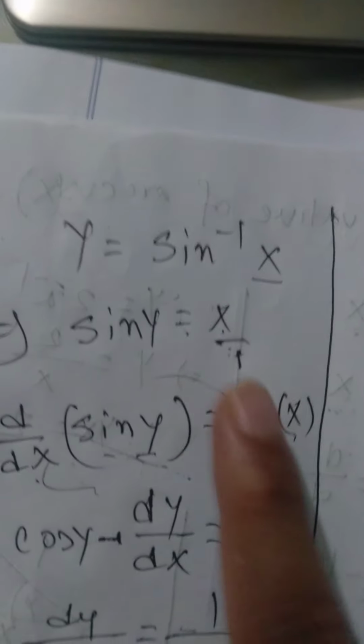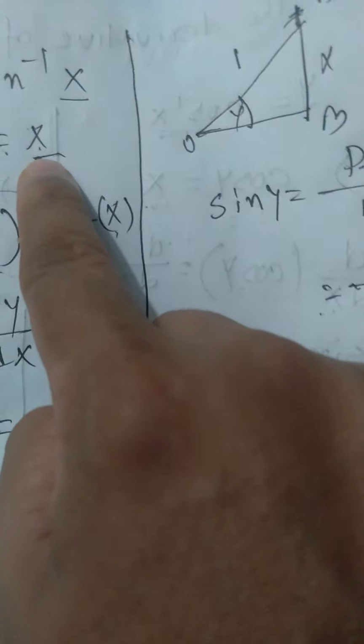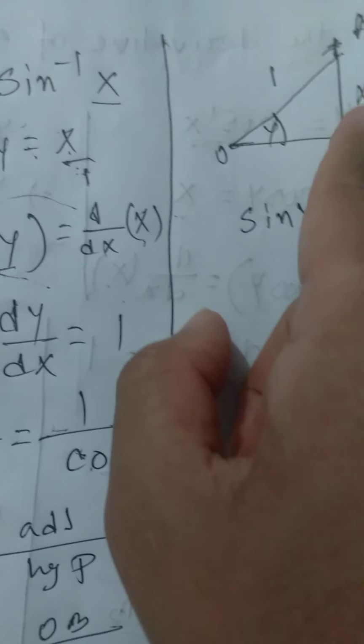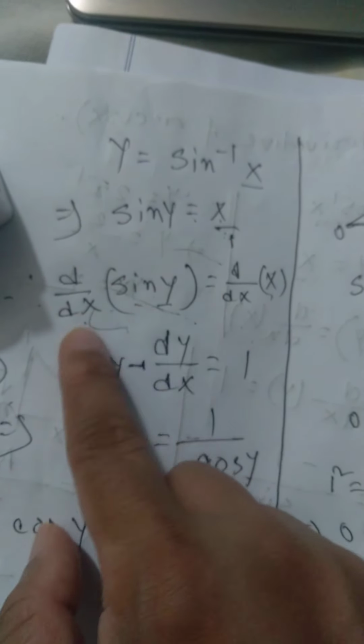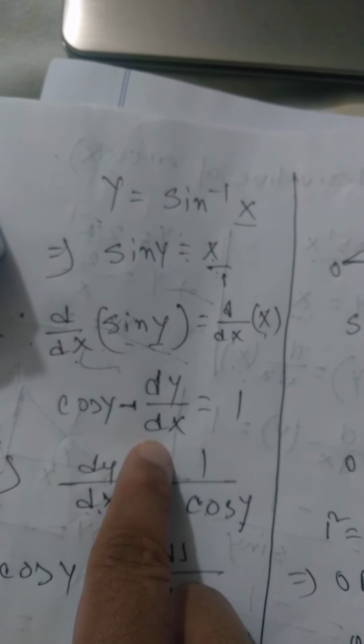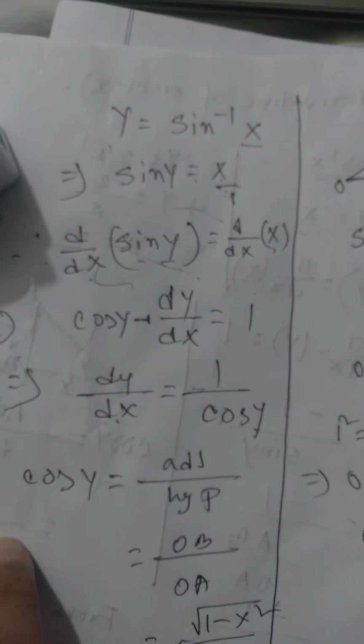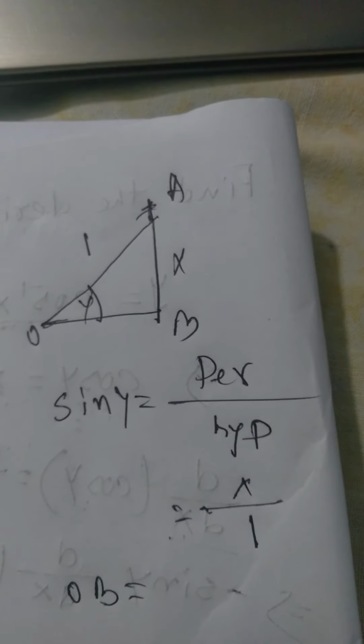This x is the value of the perpendicular. When we take the derivative of sin y with respect to x, we find cos y dy by dx, and the derivative of x equals 1. So dy by dx equals 1 upon cos y. Then again I need the value of cos y. Cos y equals adjacent by hypotenuse. What is adjacent by hypotenuse here from the triangle? We can figure it out.